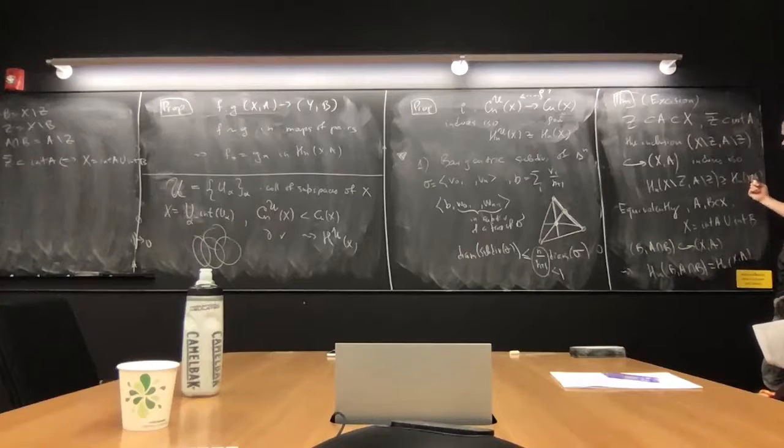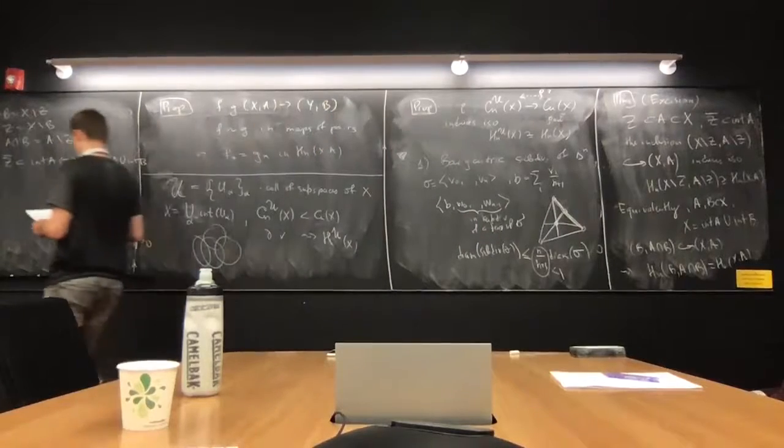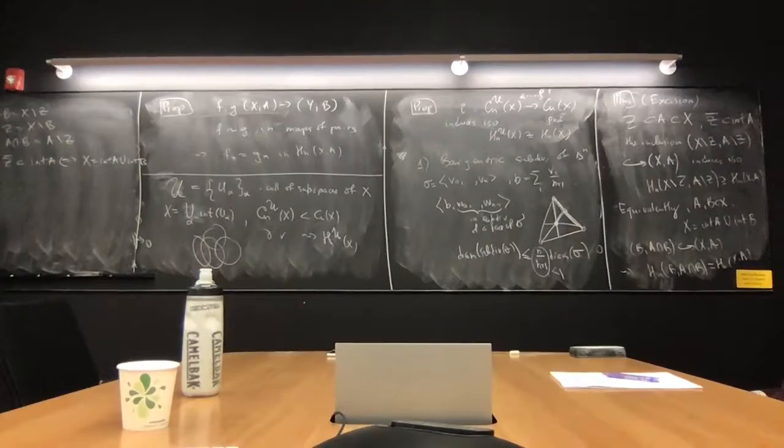Remove a point, what do you mean? Let's say X is a disk, Z is a point. Yeah, the problem is if that point is inside of A, you kill A by this, right? So that hole disappears. But the interesting case is when Z equals A, right? Okay, so the relative homology already contains information about what happens.